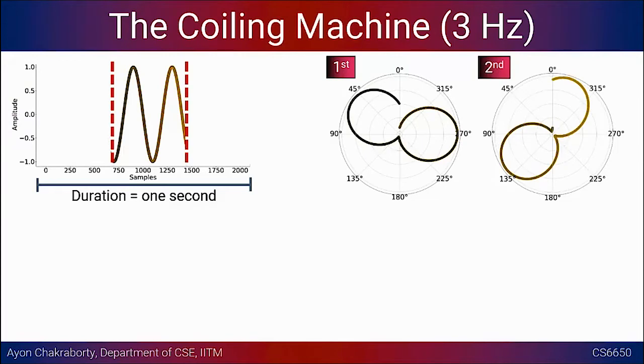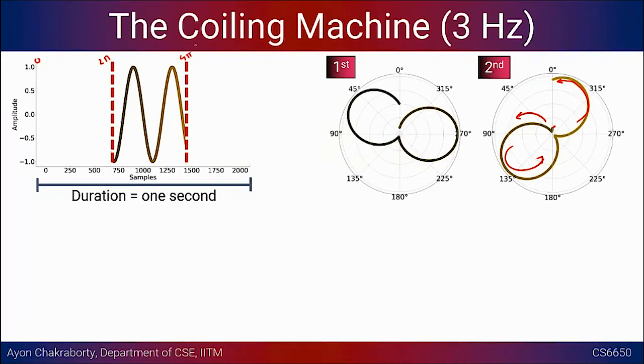Then comes the brown part of the signal, which again starts from here, goes all the way, spans 360 degrees and comes back to 2 pi, right? But it's actually 4 pi because you have already covered 0 to 2 pi here. Now in the second rotation, you are basically doing 2 pi to 4 pi.